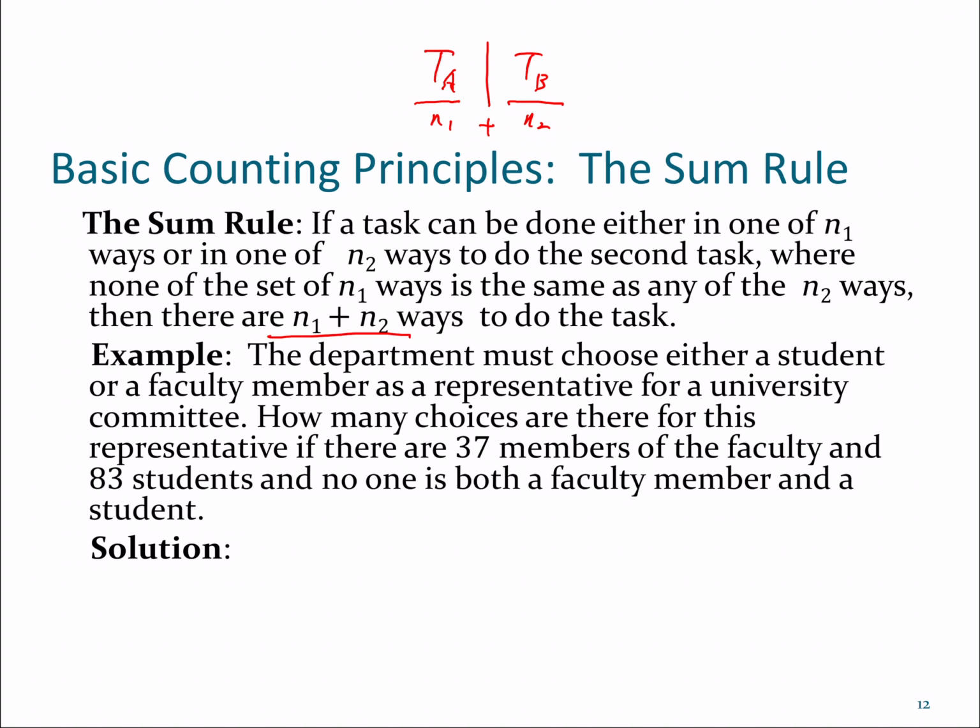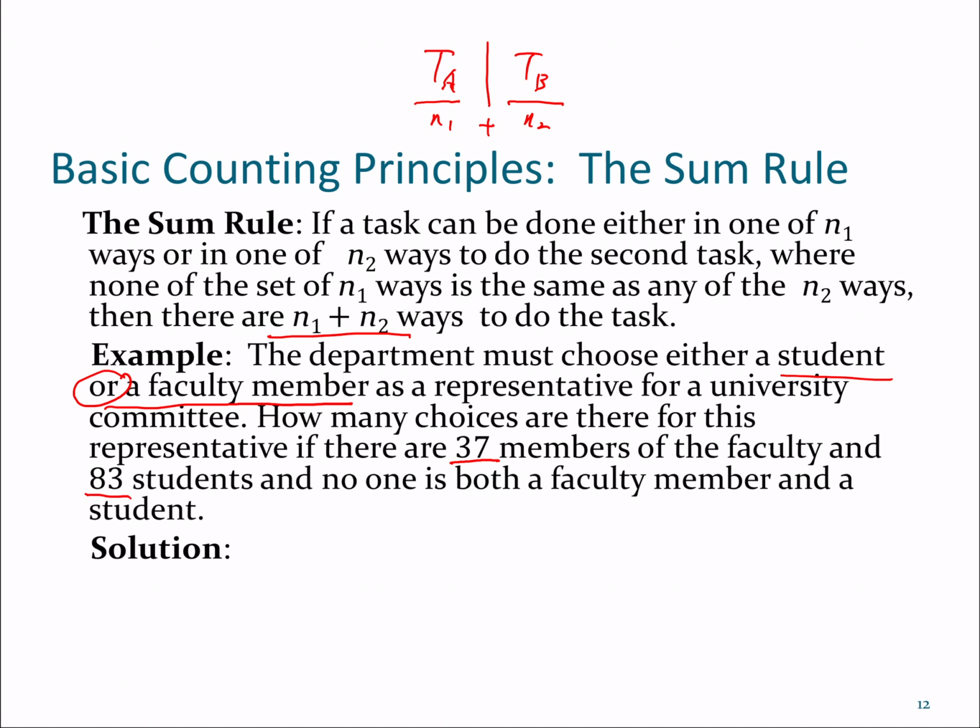Let's say for the following example, the department must choose either a student or a faculty member as a representative for the university committee. Please pay attention, this is an or here, so the two situations are side by side. How many choices are there for this representative if there are 37 members of the faculty and 83 students?